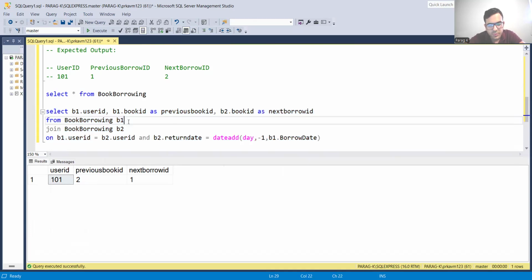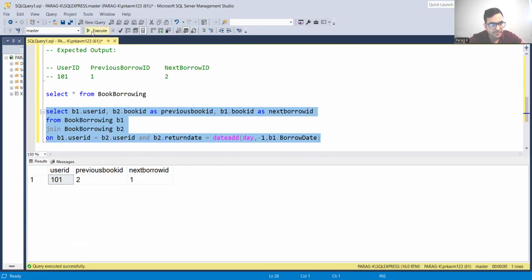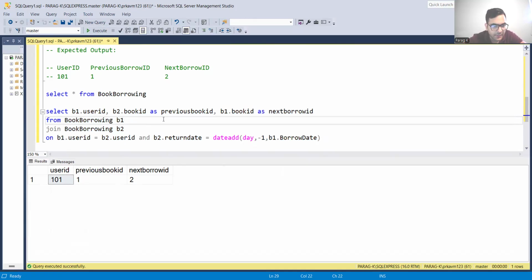It is coming the other way around. So if I do something like this, I think the answer might be correct. Yes, okay. So what we have done is that we have to compare the previous book ID, which was from the B2 table, and this is what we did here.